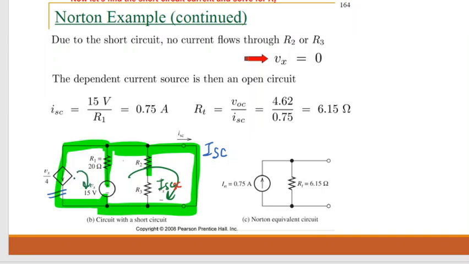IS I1, I1 plus 50. Can you go to the path where the current source is present?